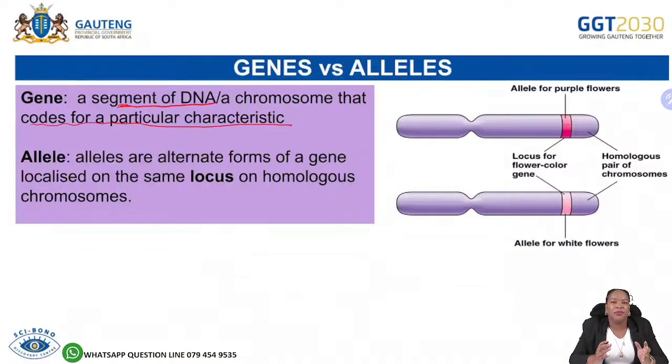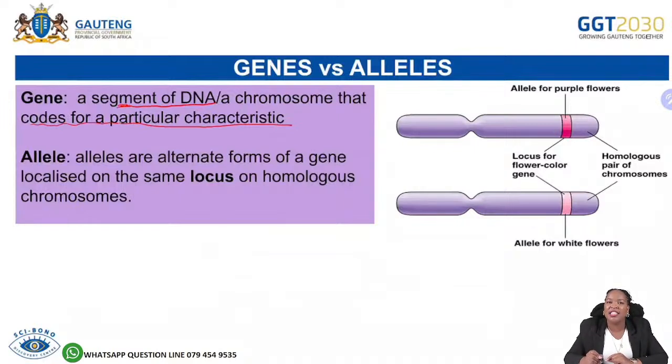An organism is made up of many characteristics. You can take a look at yourself and look at your eye color, hair color, your height. Those are your characteristics. Where did you get those characteristics? From the genes that you inherited from your mother and your father. But what is a gene? It is that particular segment of a DNA or of a chromosome that is coding for a particular characteristic.